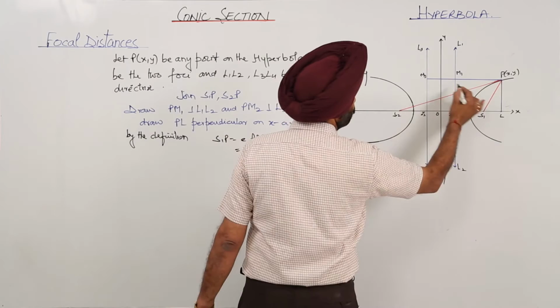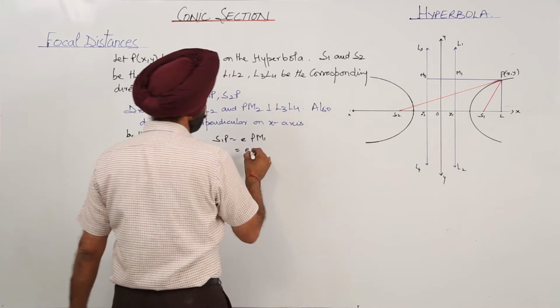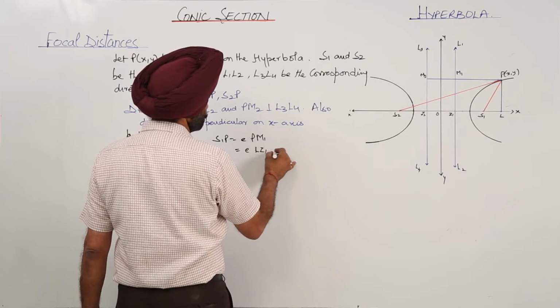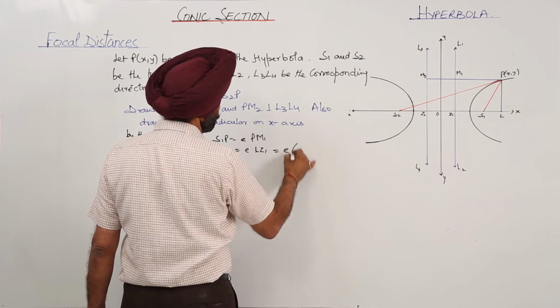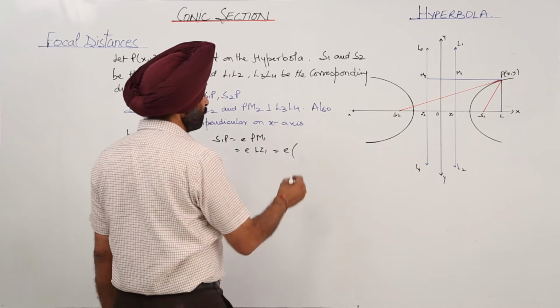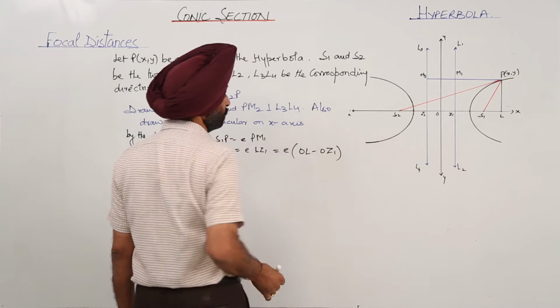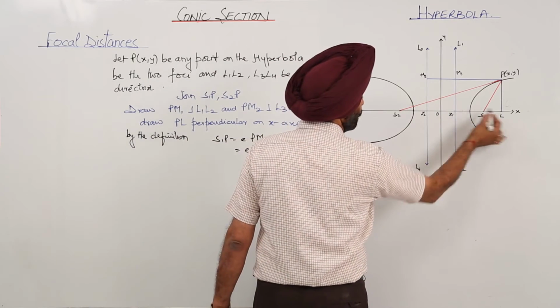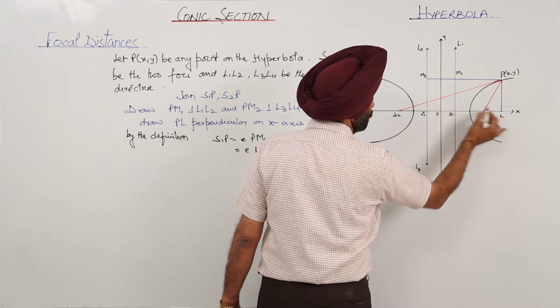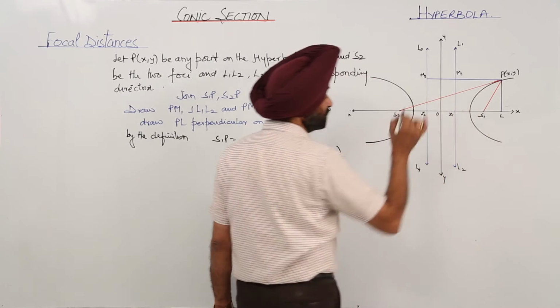Now PM1 is equal to LZ1, which we can write as OL minus OZ1, from O to L subtracting O to Z1.